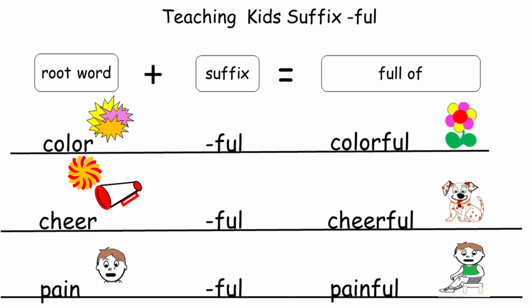Our next example is the root word cheer, like people are excited, they cheer. And then the suffix is ful, meaning full of. Our puppy was cheerful. He was full of cheer.